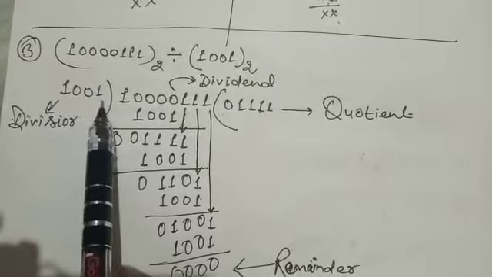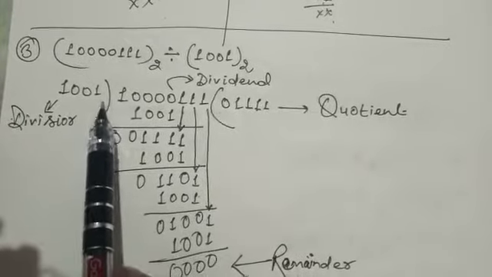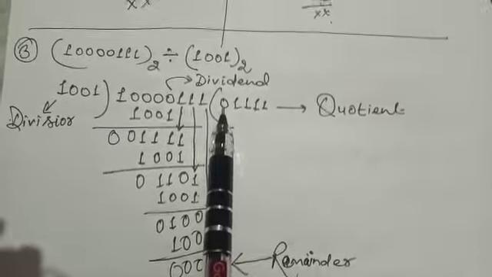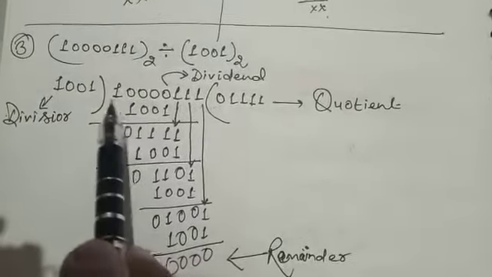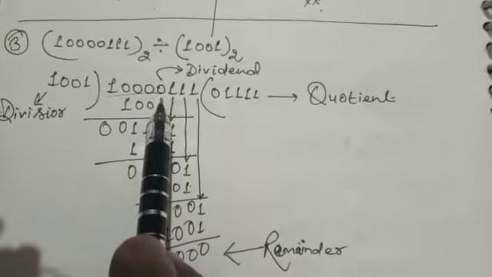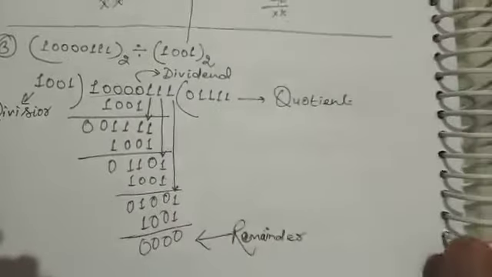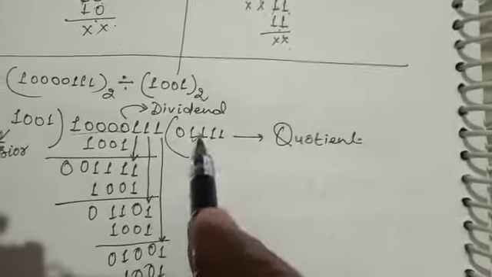Is it possible to divide? No. So according to the division rule, we put 0 in the quotient. Again we carry on. Now the division process takes 10000, that is 1 and four times 0. Now it is possible. 1001 is divided into 10000 one time.